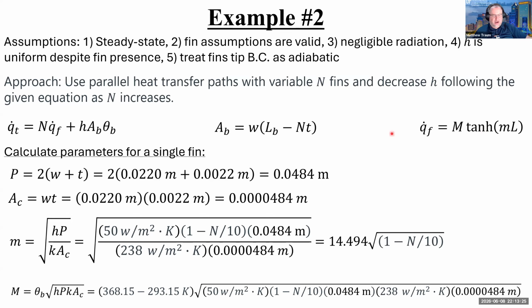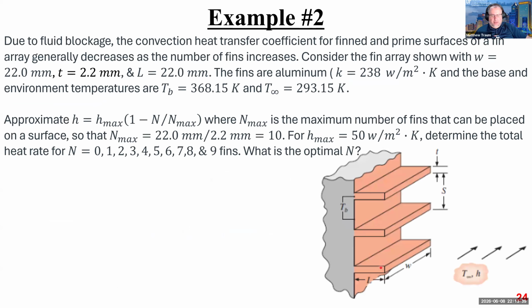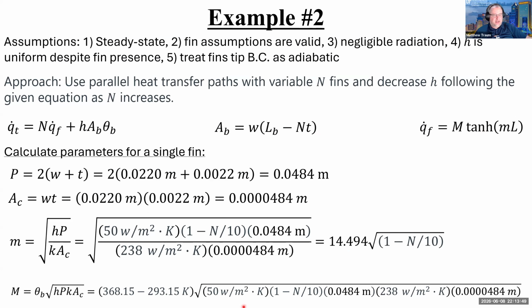Okay, so I've already talked through what these equations are. I kind of did that out of order. Sorry about that. So we're now going to calculate the parameters that we need to solve for a single fin. The perimeter of one of these fins is just W plus T times 2, right? So W is the width, T is the thickness, and the perimeter is just me wrapping around the outside of this thing. And so that's where this comes from.